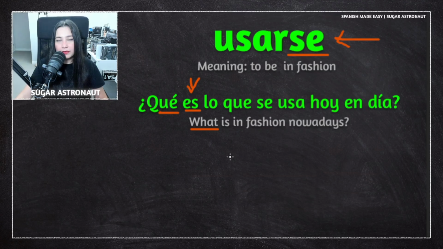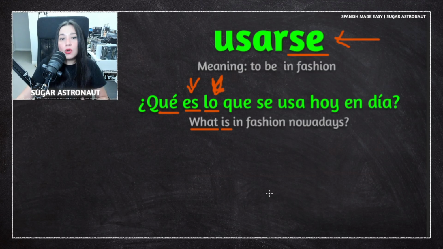This comes from the verb ser, which means to be, and in this situation, is. ¿Qué es? What is? Lo refers to it. It's a pronoun. We don't have it in English here, but it's common to have it in Spanish in many different situations.